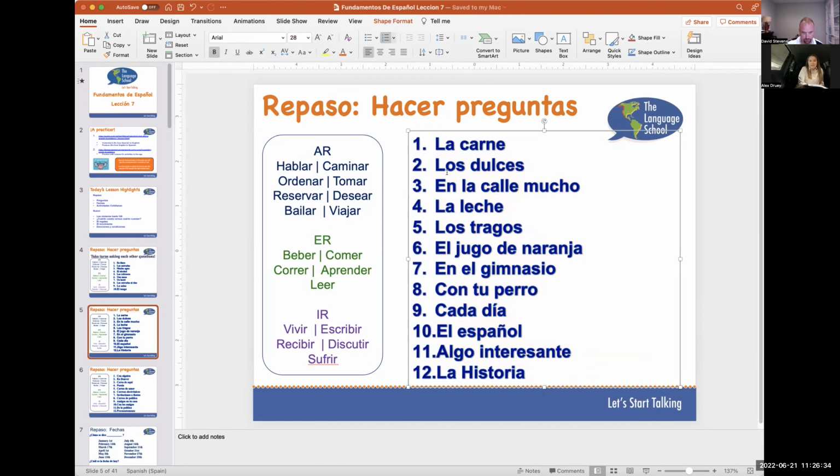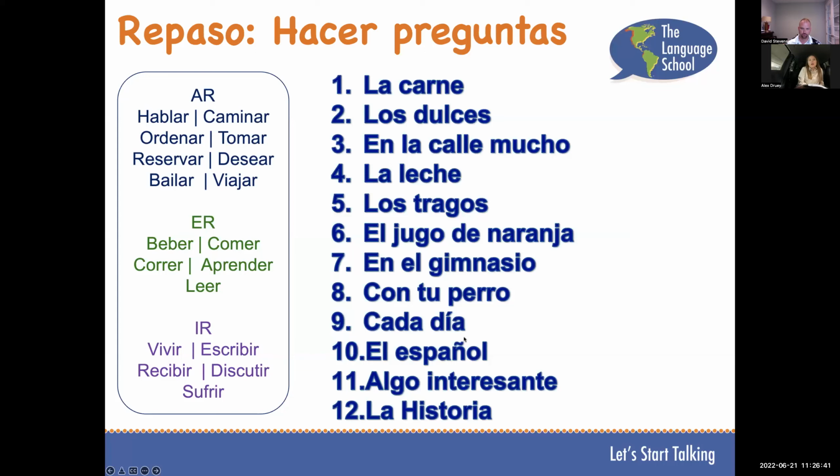¿Corres en la calle mucho? No corro en la calle mucho. ¿Bebes la leche? Bebo la leche un poco.